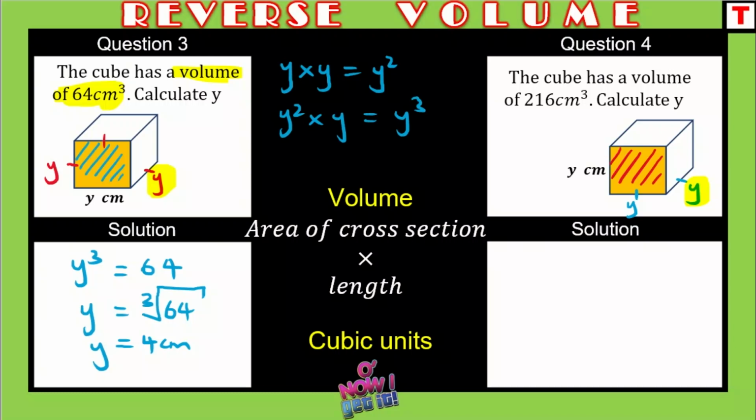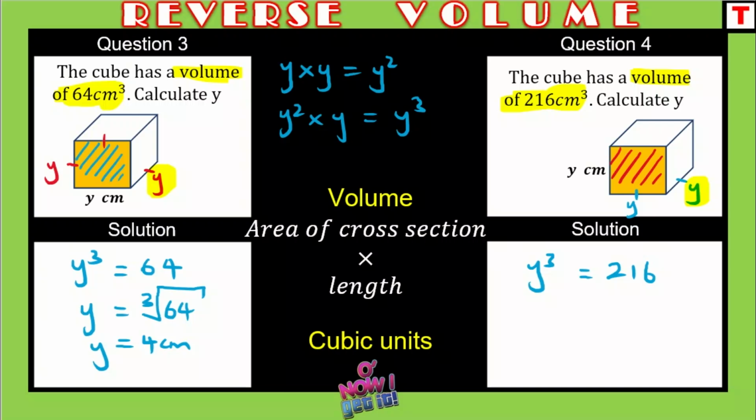And y cubed is representing the volume. And we've been told what the value of the volume is. So the volume is 216 centimeter cube. So therefore we're going to have y cubed is going to be equal to 216 centimeter cube. So again, we need to undo cubing.